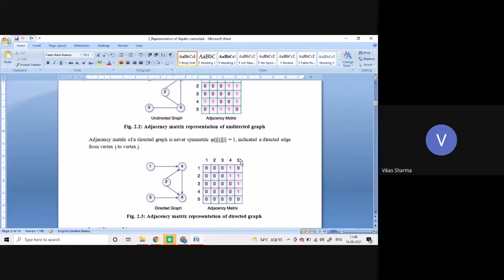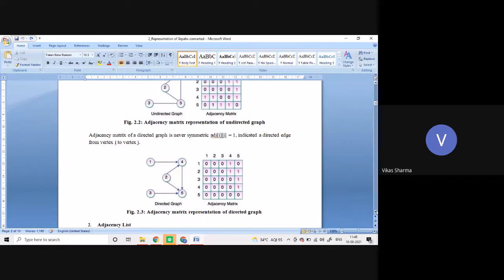And for 3 to 5 we will put 1, because the direction says that 3 is connected to 5, not 5 connected to 3. So by keeping the directions in mind, we will make our adjacency matrix here.